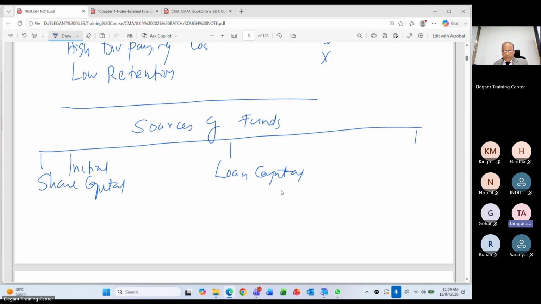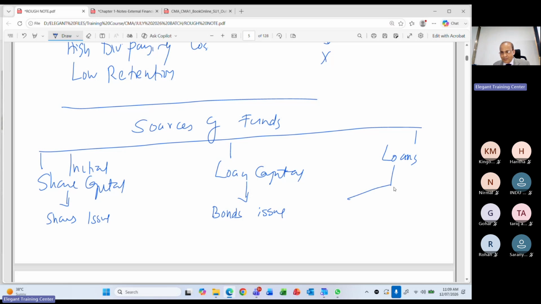Now, loan capital comes from bonds issue. Share capital comes from shares issue.